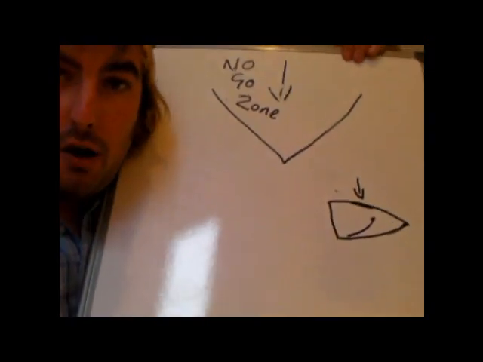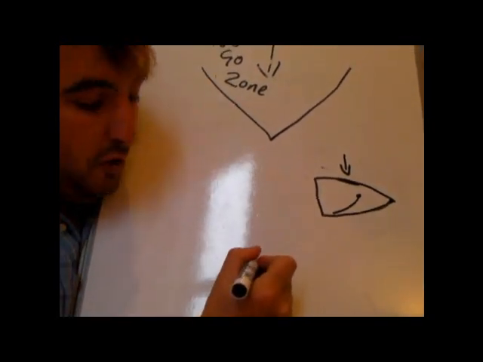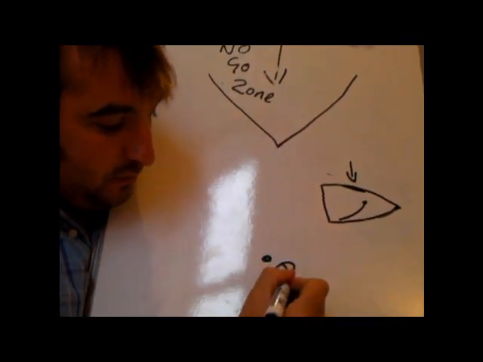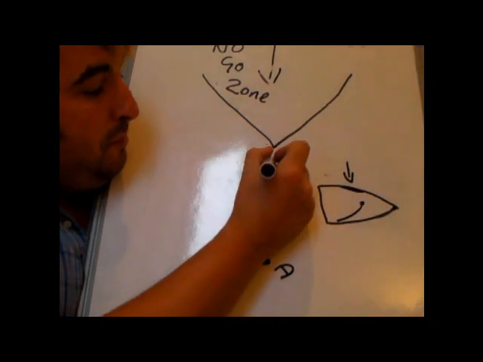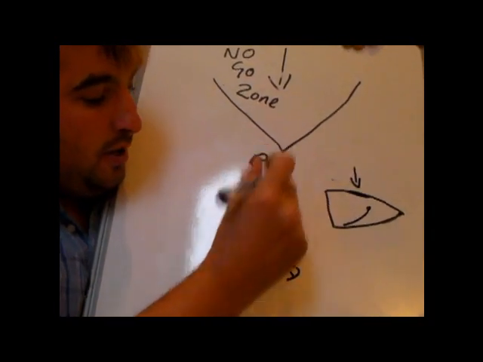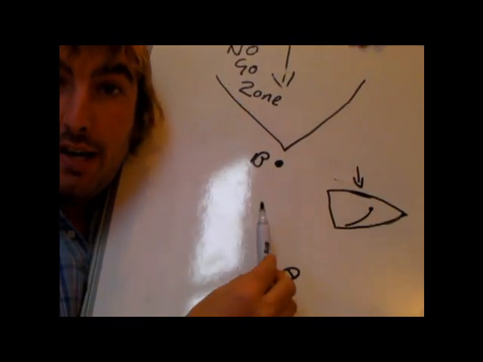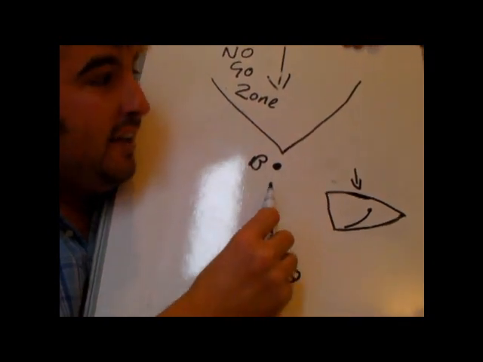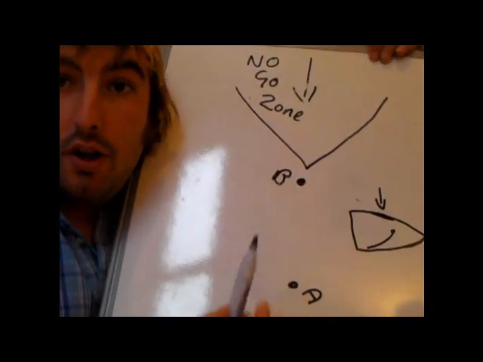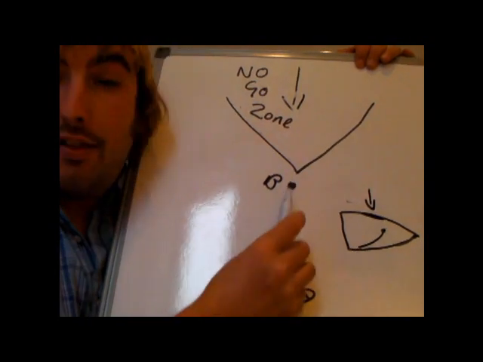We have got a problem though. If we want to get from point A to point B, obviously if we point our boat up from A to B, that's in our no-go zone, which isn't going to help us get there.